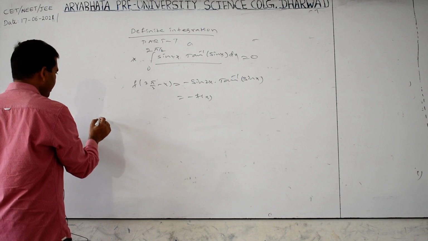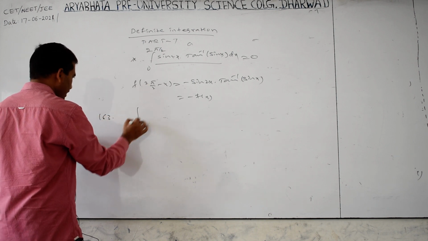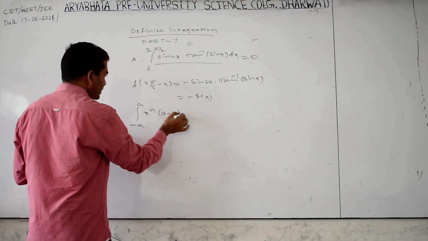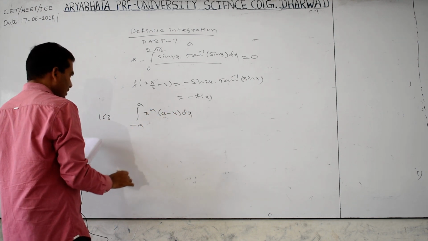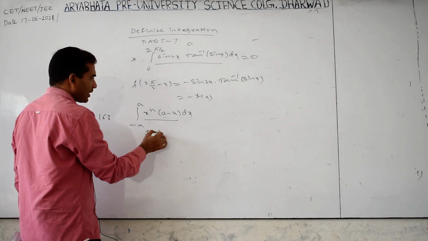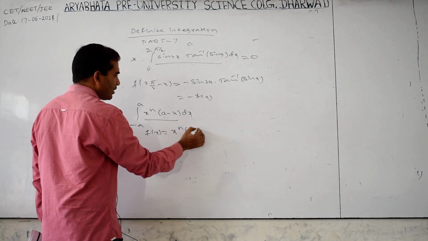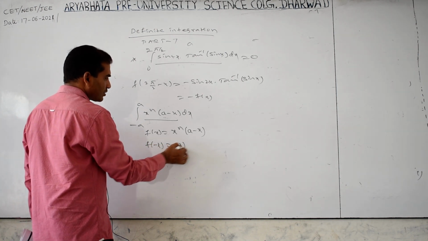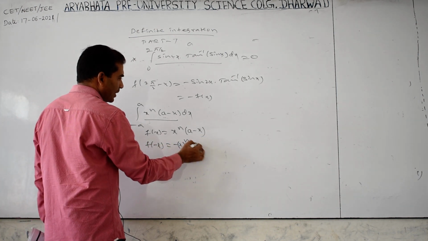160, direct formula. 163: integration of minus a to a x raised to n times a minus x dx. Which is odd or even? Let me verify. f of x is equal to x power n into a minus x. Put x equal to minus x here: minus x whole power n and a plus x.